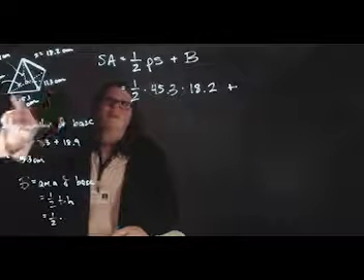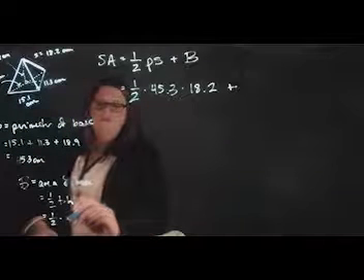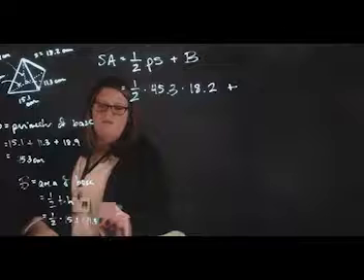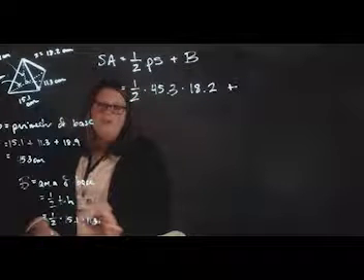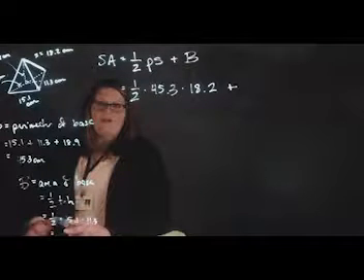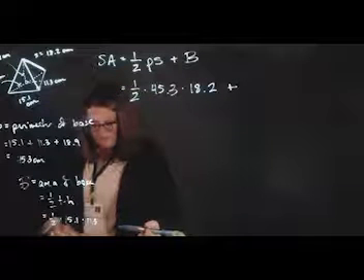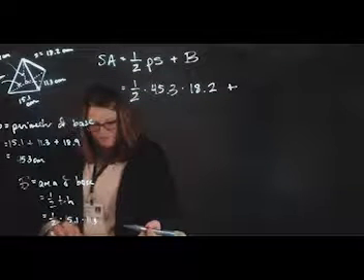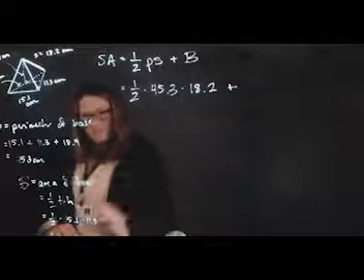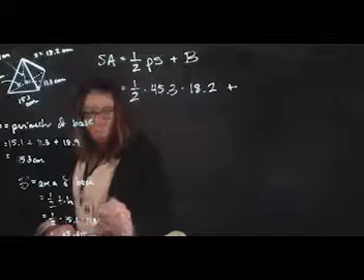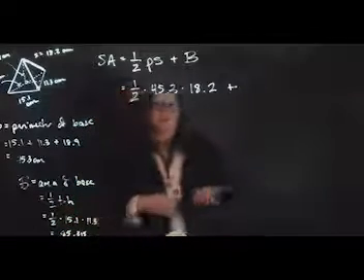So our base and height here are 15.1 and 11.3. So you can take your calculator and say half, or 0.5, times 15.1 times 11.3, and you should get 85.315. So that's the area of just the triangular base.